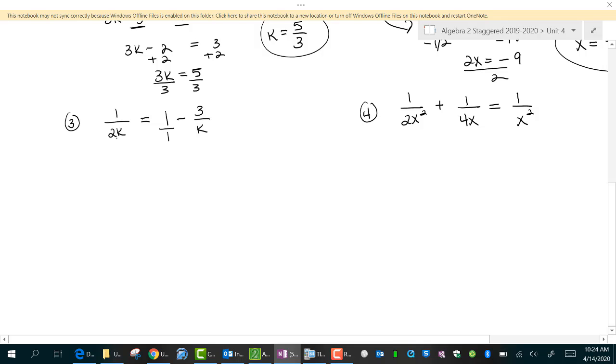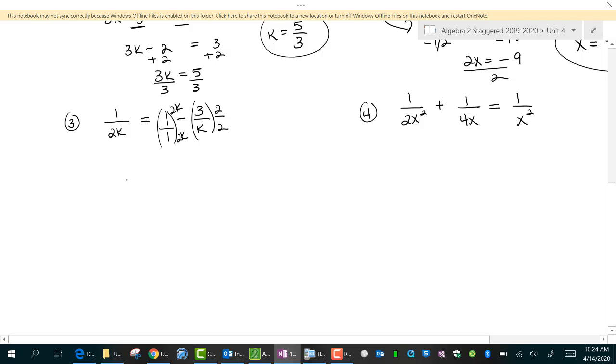So it looks like I have both a 2 and a k that I need to deal with here. So 1 over 1, I'm going to multiply both numerator and denominator by 2k, because that's missing everything. And then here I just have this k, so I'm going to multiply numerator and denominator by 2.